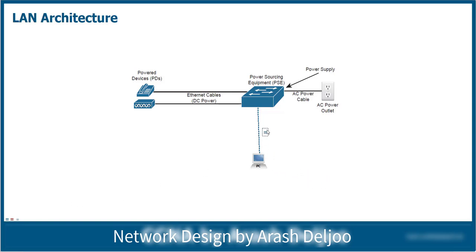Because of that, if you apply PoE to the network interface card of a PC, maybe the network interface card will be corrupted, and this is a consideration for PoE deployment. First we should understand that the other side needs the power. After that, we can apply the power.